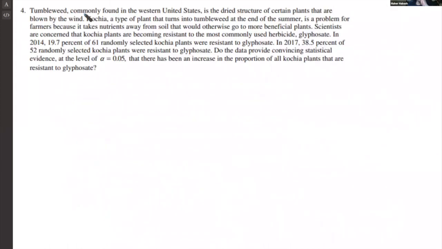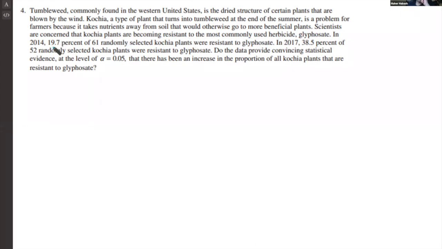All right, here, tumbleweed, commonly found in the western United States, is the dried structure of certain plants that are blown by the wind. Kochia, a type of plant that turns into tumbleweed at the end of the summer, is a problem for farmers because it takes nutrients away from soil that would otherwise go to more beneficial plants. Scientists are concerned that kochia plants are becoming resistant to the most commonly used herbicide, glyphosate.